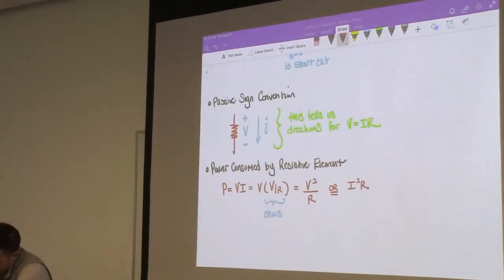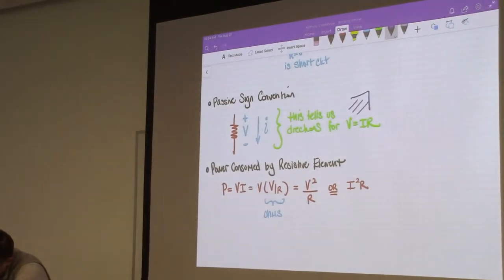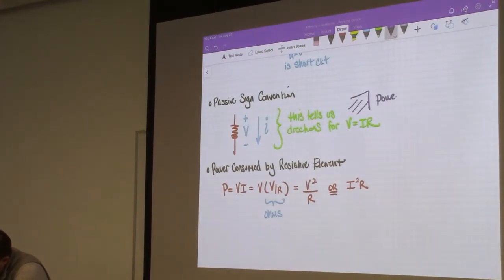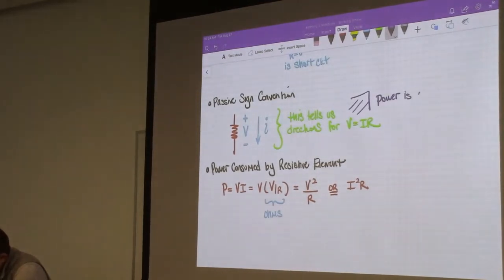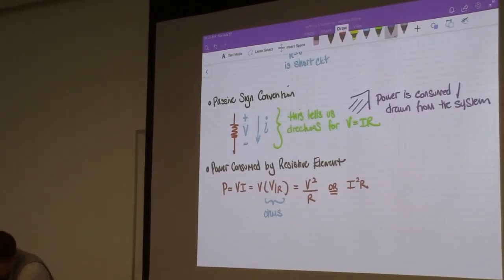And the passive sign convention also tells us that power is consumed / drawn from the system.